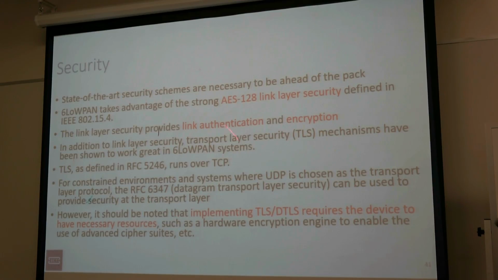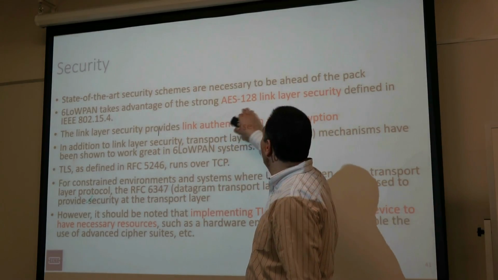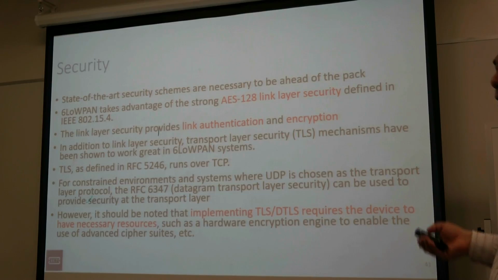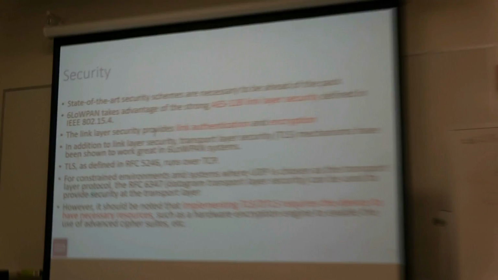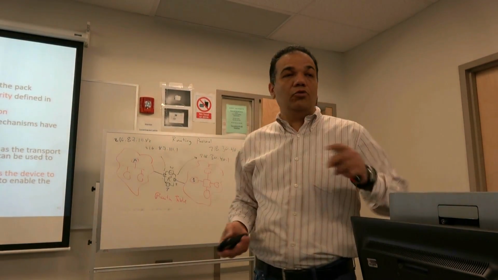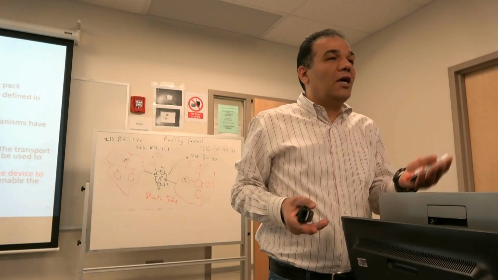Also, security. The link will have AES link layer security, and you could have link authentication and encryption. There's a difference between authentication and encryption. We spoke about it. Encryption is to keep the data private. Authentication is to authenticate where it is coming from.